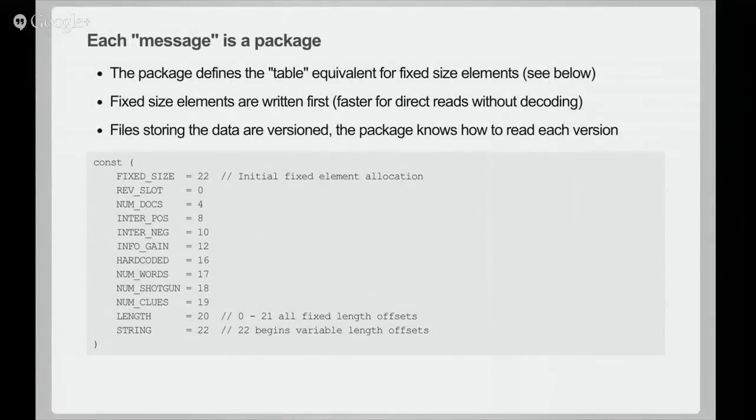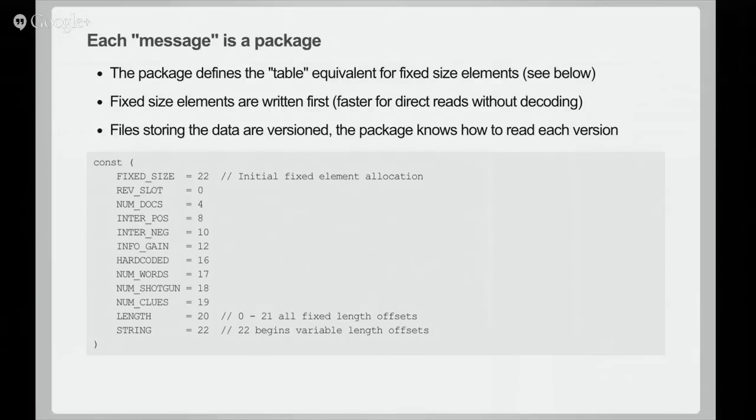So one of the interesting things for us, instead of packing some of the table information inside the message, each different object that we have becomes a package in itself, and we define essentially offsets for all the fixed information, and then we have our own methods to compile the non-fixed information after that.